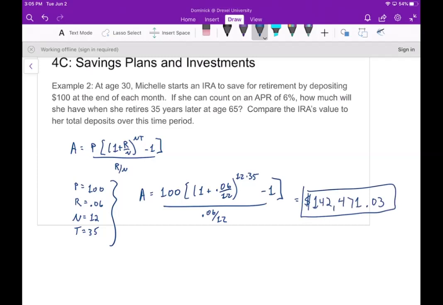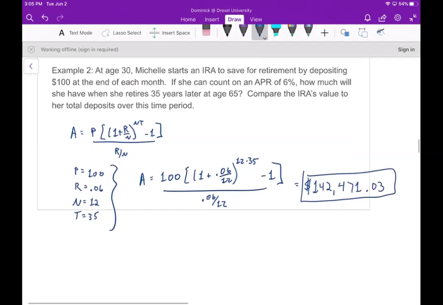So for $100 at the end of each month. Now, of course, compare the IRA's value to her total deposits over this time period. Well, her deposits, right? So without the interest, were $100 per month for 12 months a year for 35 years.